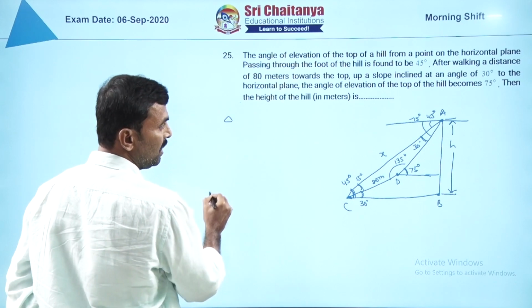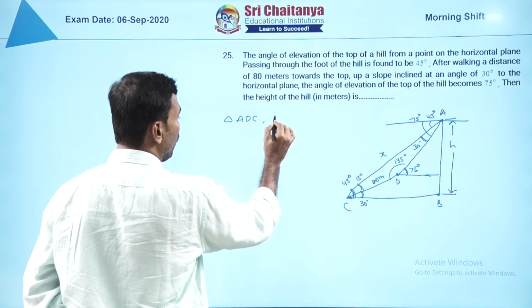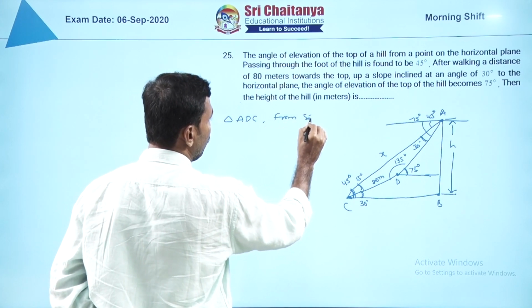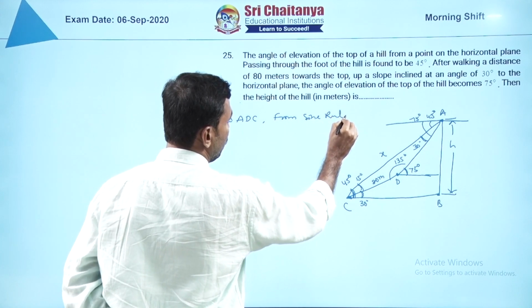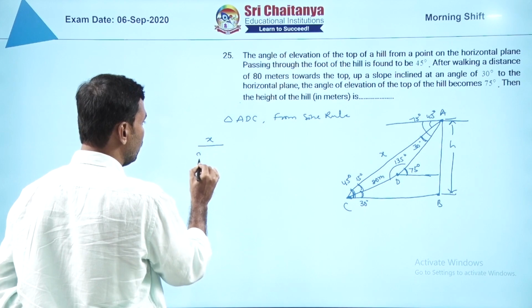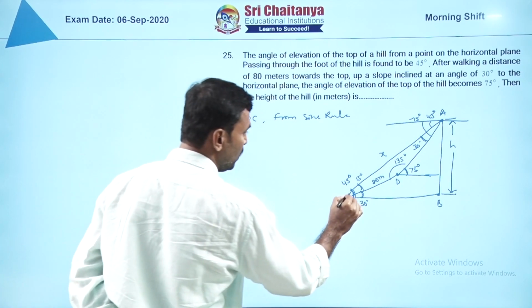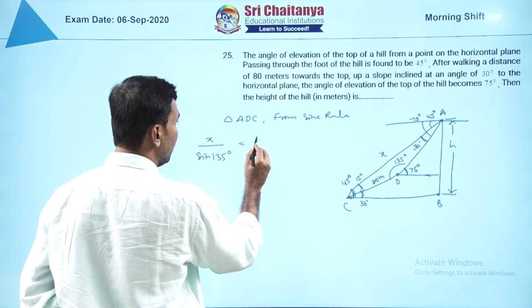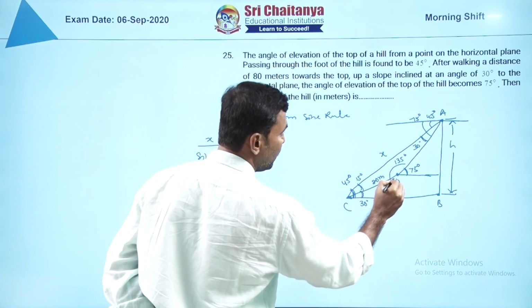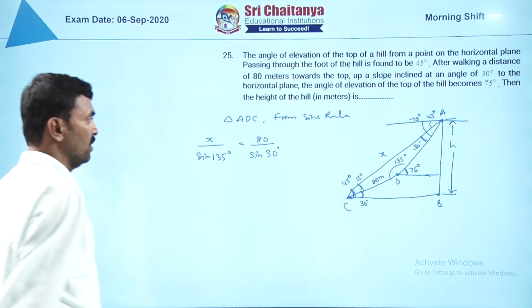So, in triangle ADC from sine rule, x by sine 135 degrees is equal to CD length is 80 by sine of its opposite angle is 30, sine 30 degrees.